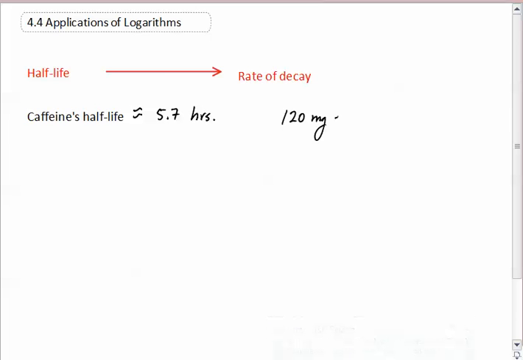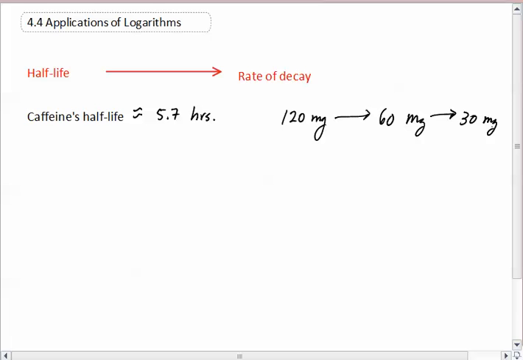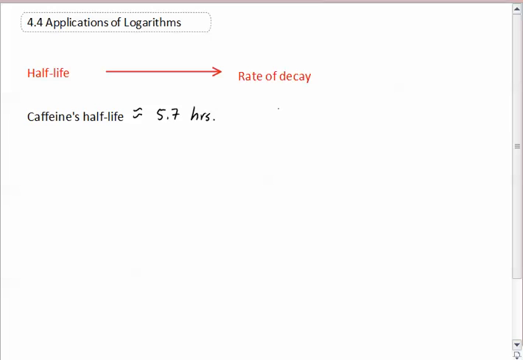That means that about 6 hours later, I'm going to have 60 milligrams in my system, roughly. And then in 6 more hours I'll have 30 milligrams, and so on. So that's what half-life means. It's the amount of time for a substance to reach half of its original amount.